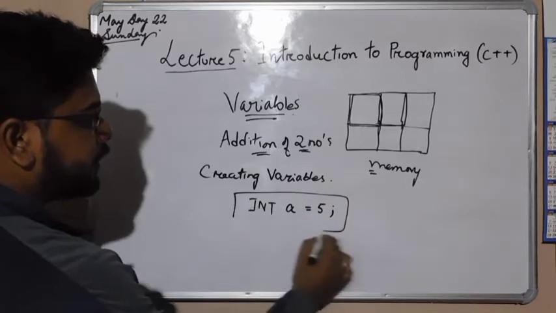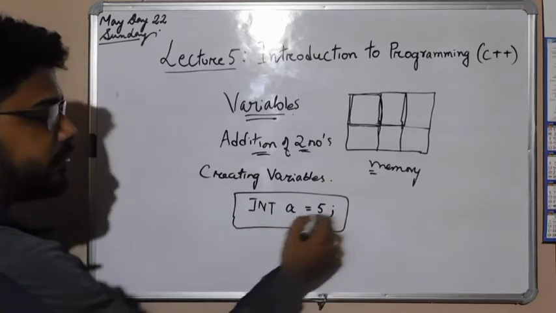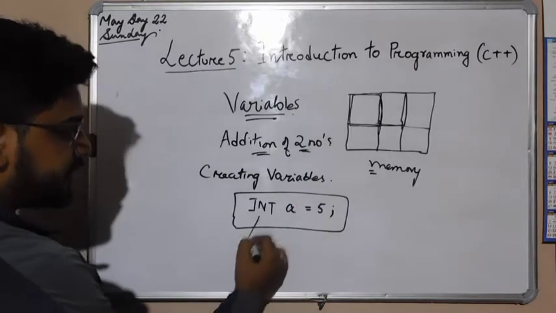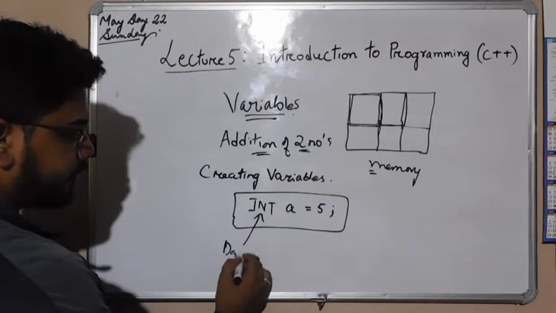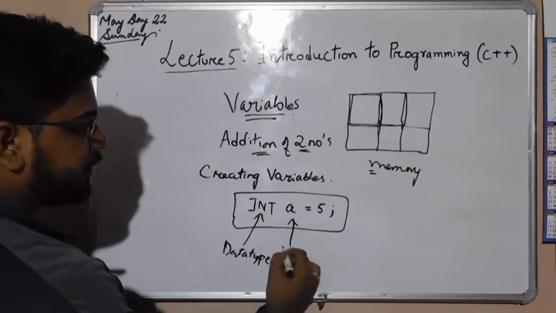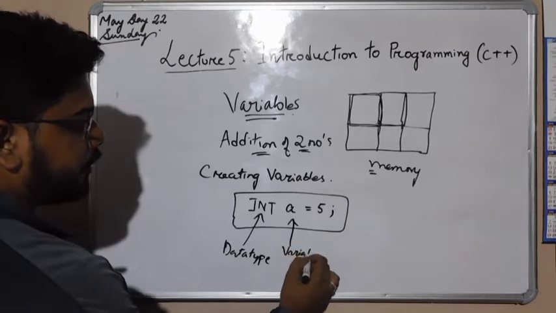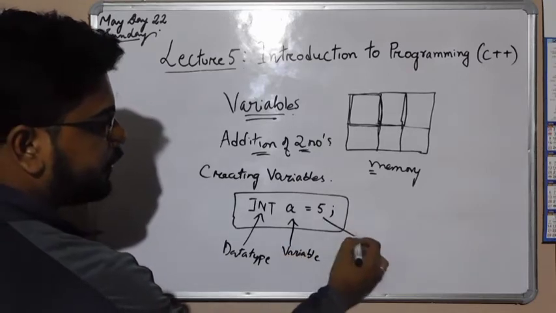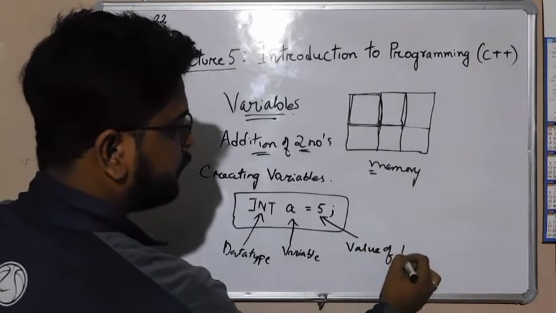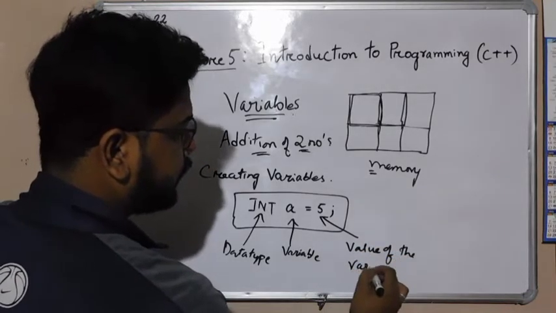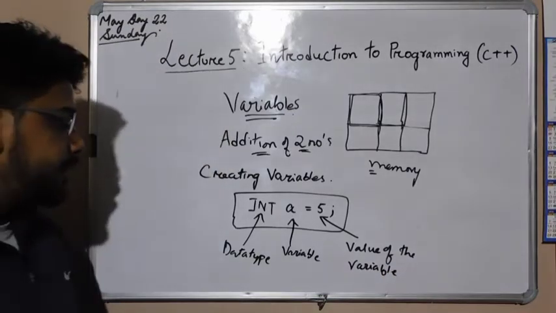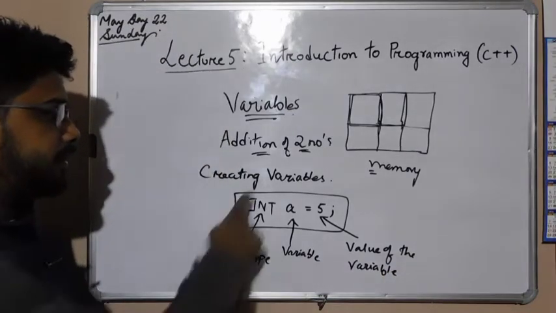Look at this statement: int a equal to 5. The meaning of this statement is that this is the data type, this is the variable, and this is the value of the variable.